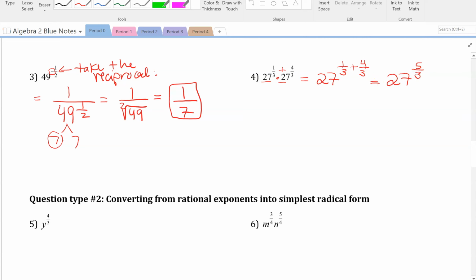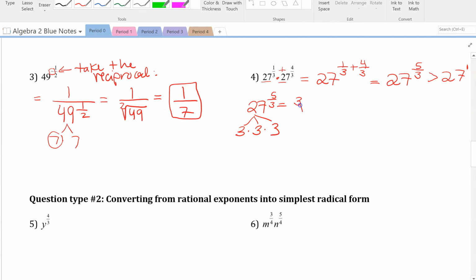Now, before I evaluate this, I want us to think about the fact that this answer should end up being greater than 27 because the power of 5/3 is greater than the power of 1. But let's think about what 27 to the power of 5/3 equals. Well, that would be 5 of the 3 factors that multiply to 27. The 3 factors that multiply to 27 are 3 times 3 times 3, right?